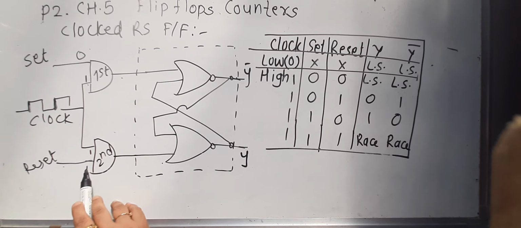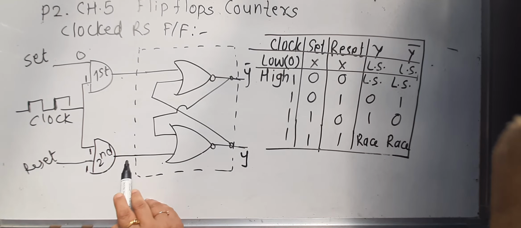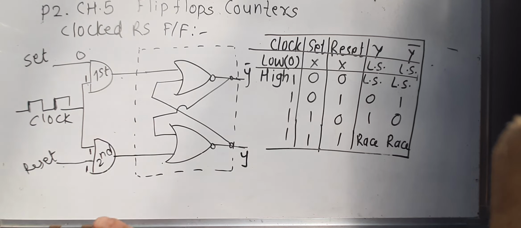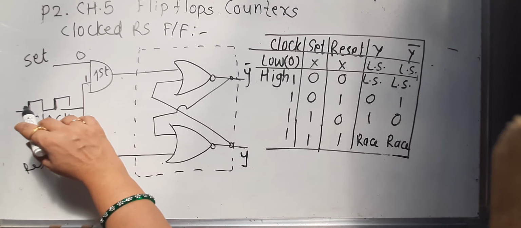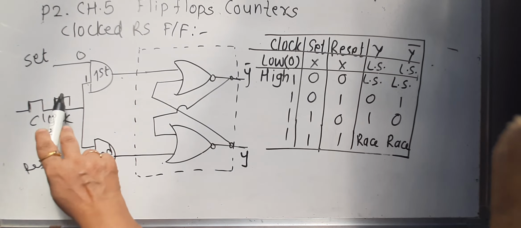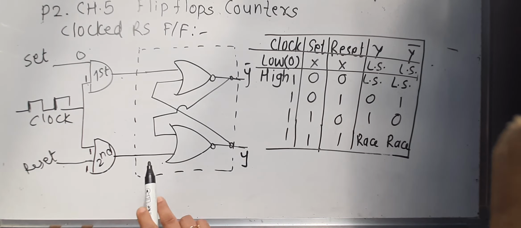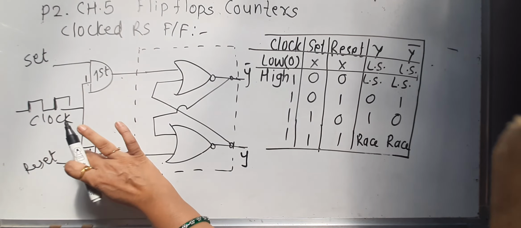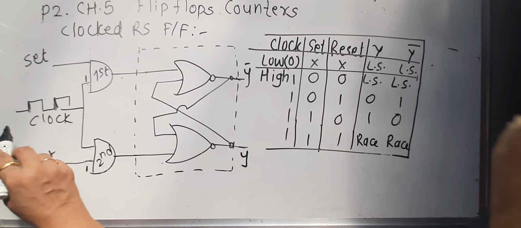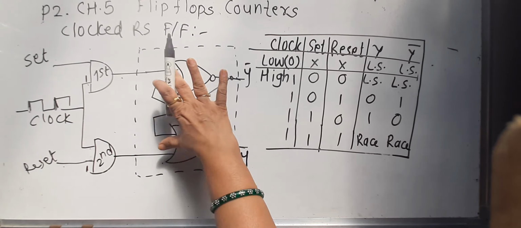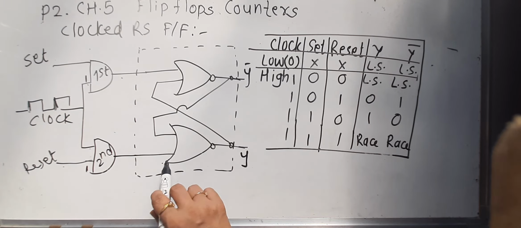When reset is 1, as clock is 1, 1 will pass through this. Okay, so as one of the inputs of AND gate is 1, when clock is high, then only set and reset signal can pass through the AND gate. So that's why AND gates are used here. So when there is clock high, then only set and reset will pass through, and then they are given to the internal NOR latch.